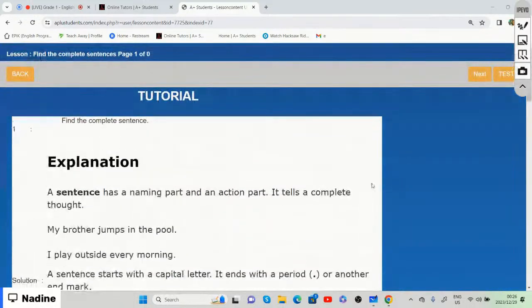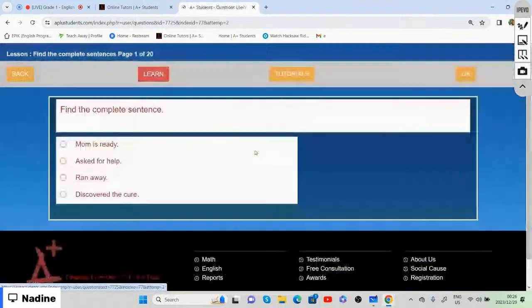All right, so now we're going on to our test, where we're going to find the complete sentences. We need to find the complete sentence. Mom is ready.